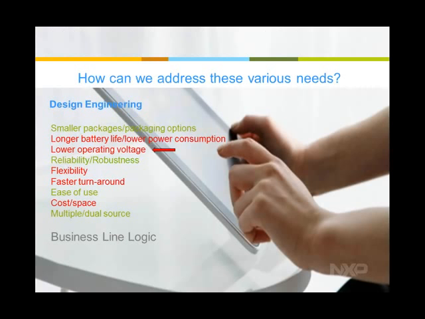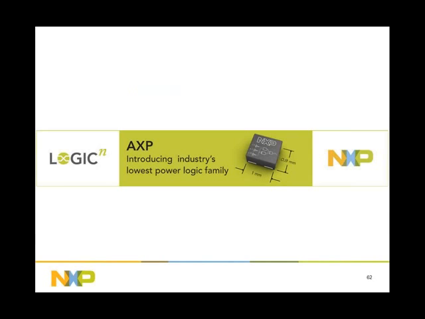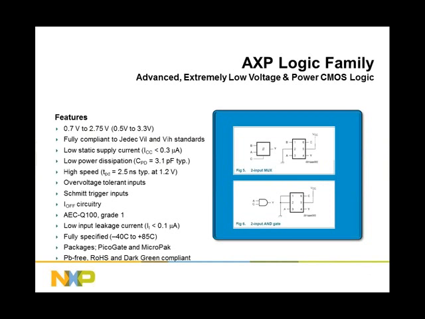Okay, moving on now to lower operating voltages. Earlier this year we introduced a new family of products, our AXP family. This is the lowest power logic family on the market today. It operates with VCC of 0.7 volts to 2.75 volts. Of course, it's fully compliant to the JEDEC VIL and VIH standards.